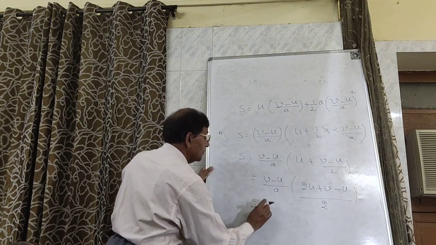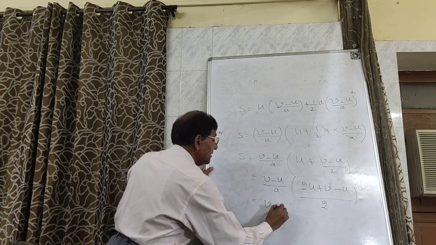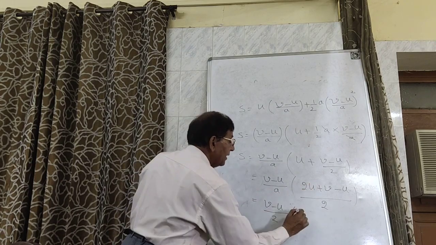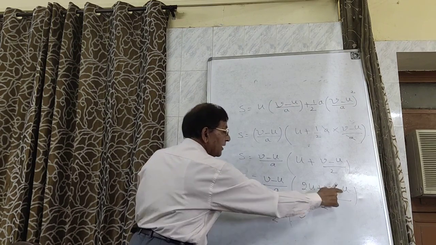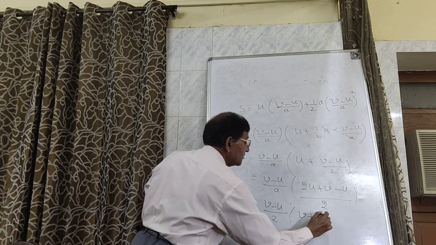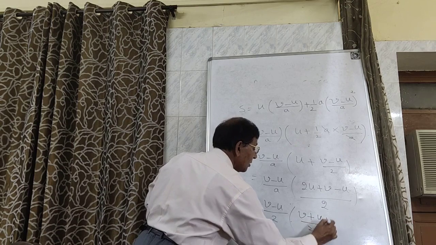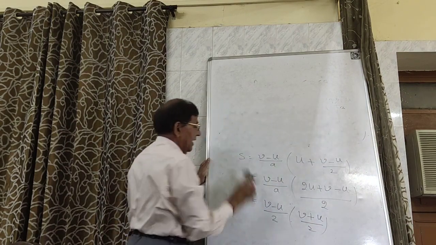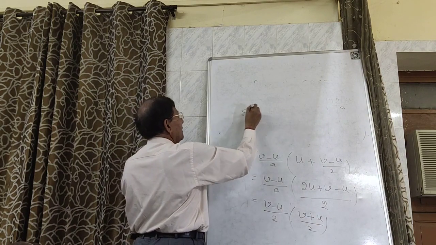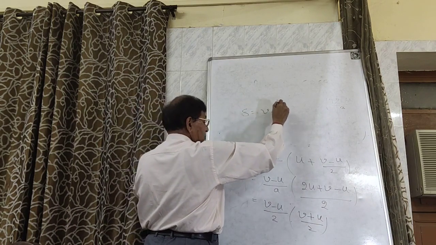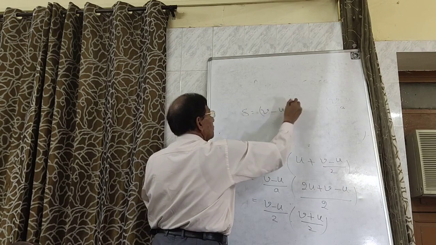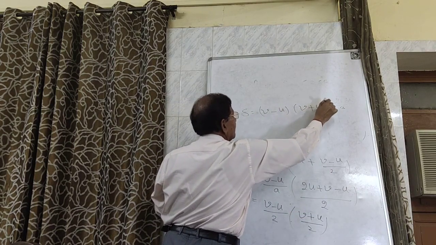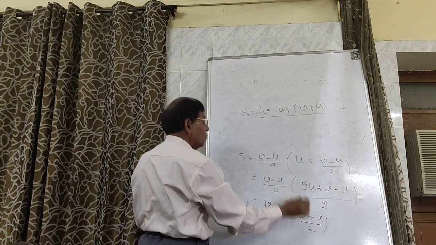This is further equal to v minus u divided by 2a into v plus u, since 2u minus u is u. Or s equals v minus u into v plus u divided by 2a.